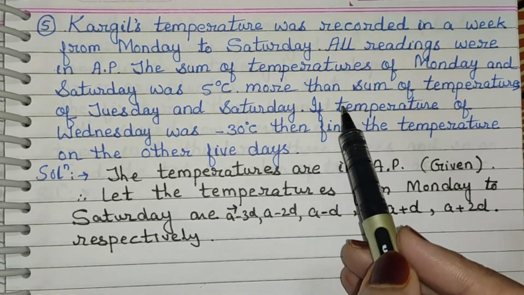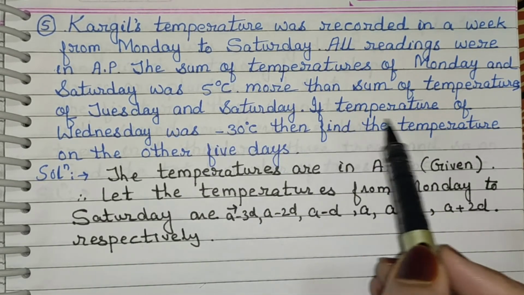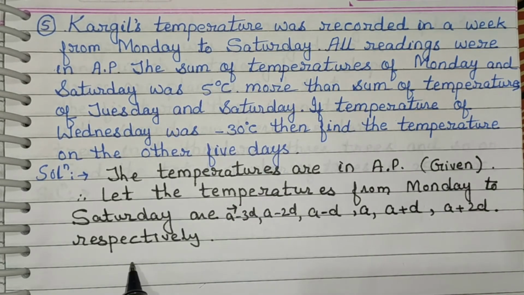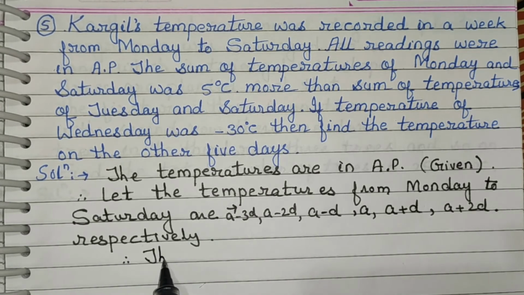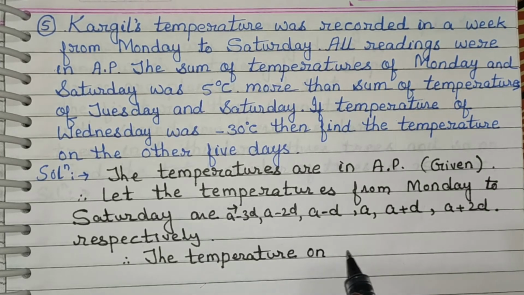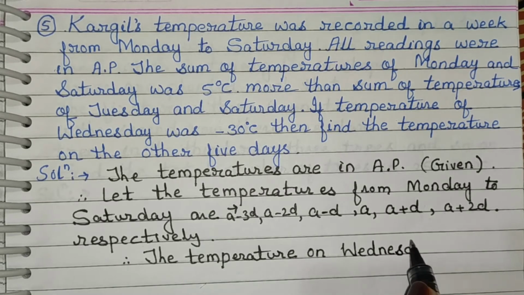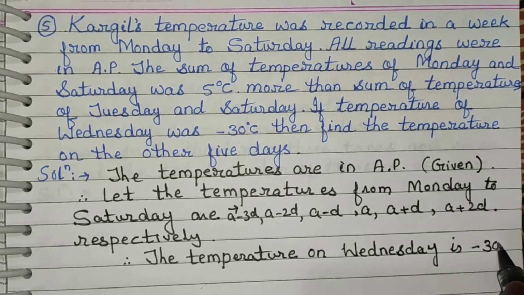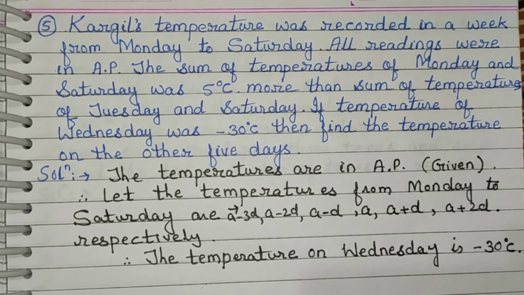Now next is, the temperature of Wednesday was minus 30 degrees centigrade. It is given. Therefore, the temperature on Wednesday is minus 30 degrees centigrade.